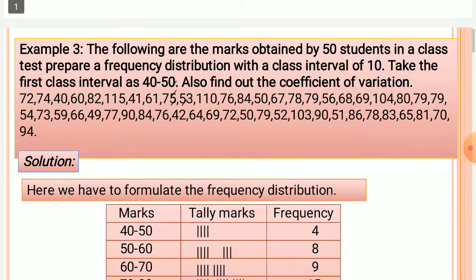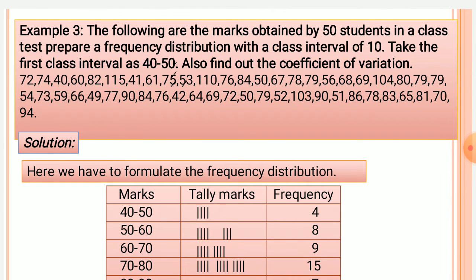The following are the marks obtained by 50 students in a class test. Prepare a frequency distribution with a class interval of 10, and take the first class interval as 40 to 50. Also find out the coefficient of variation.